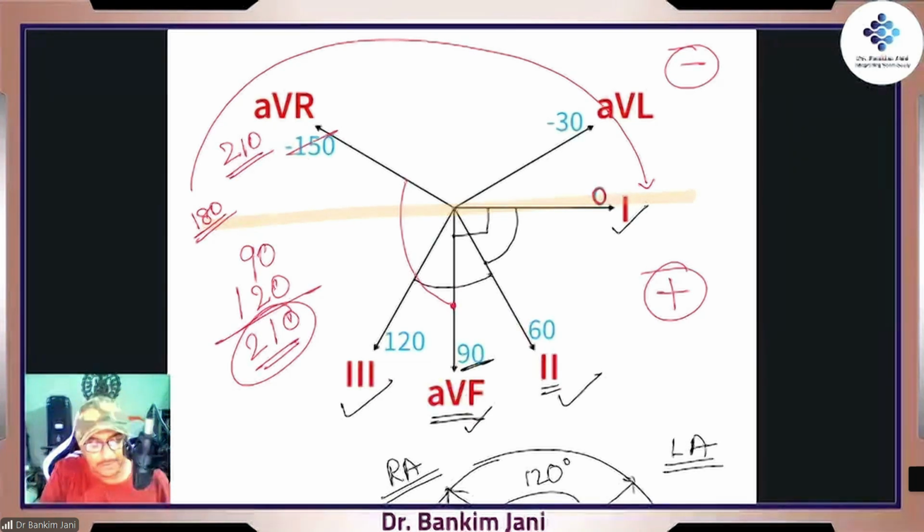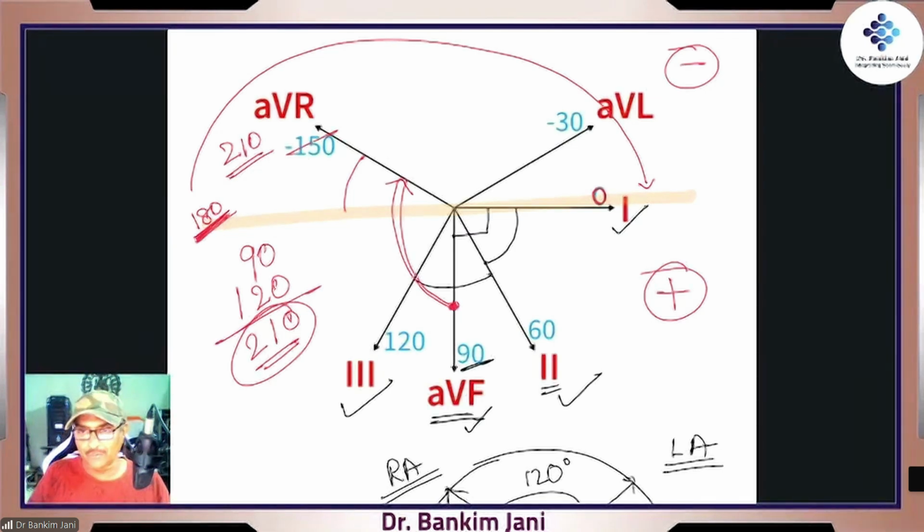Thus, we have to travel 210 degrees from this point all the way to this point. So 90 to 90, this much distance we have covered. Our purpose is to go till 210. So 180 reached, and then we have to travel another 30 degrees.